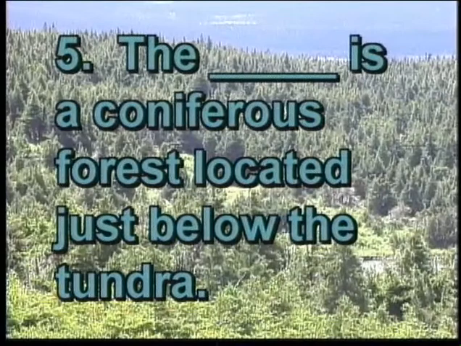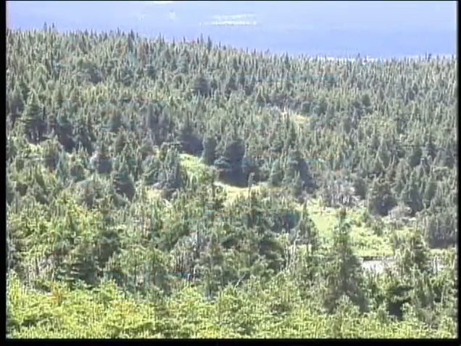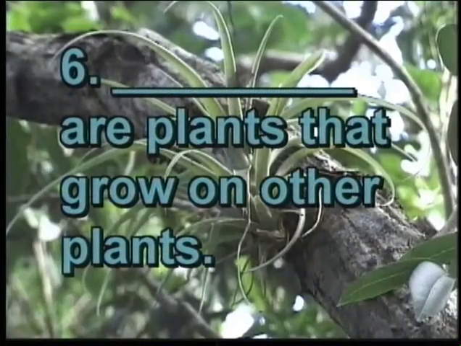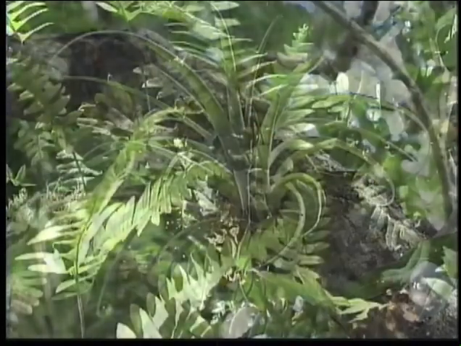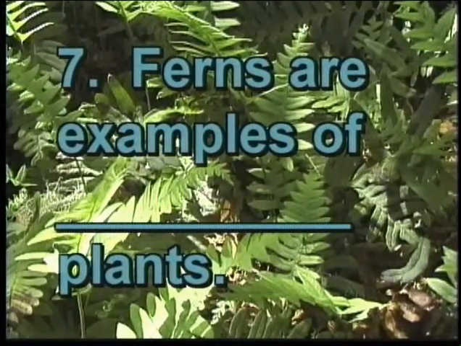Number 5. The is a coniferous forest located just below the tundra. Number 6. Are plants that grow on other plants. Number 7. Ferns are examples of plants.